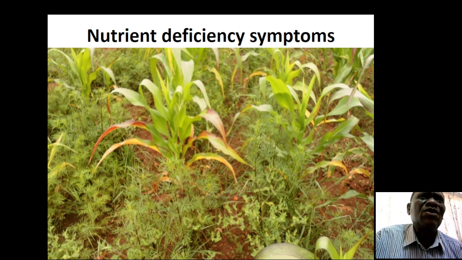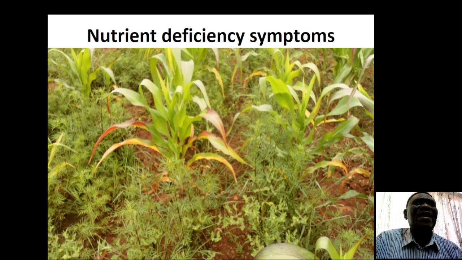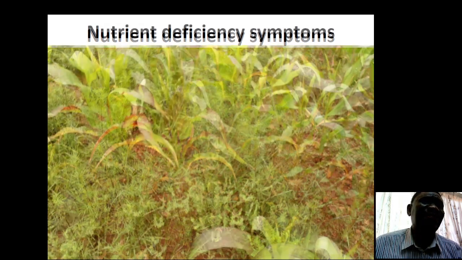They could also be yellowish, which could be nitrogen deficiency. So in this case, it could be a combination of two major nutrients which are deficient in the maize crop. Probably the weeds in the background are taking a lot of these nutrients.